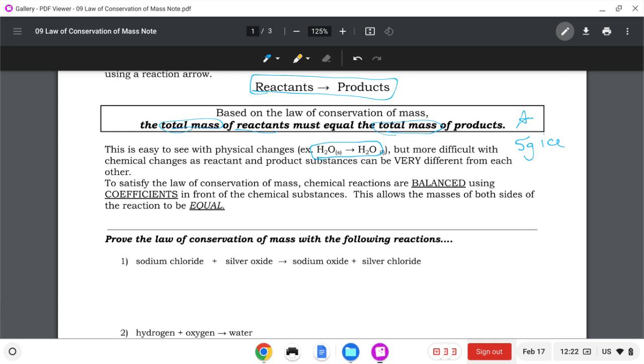Then I let that cup of ice sit out on the kitchen counter at room temperature. We know that that ice is going to melt and turn into water in the liquid state.